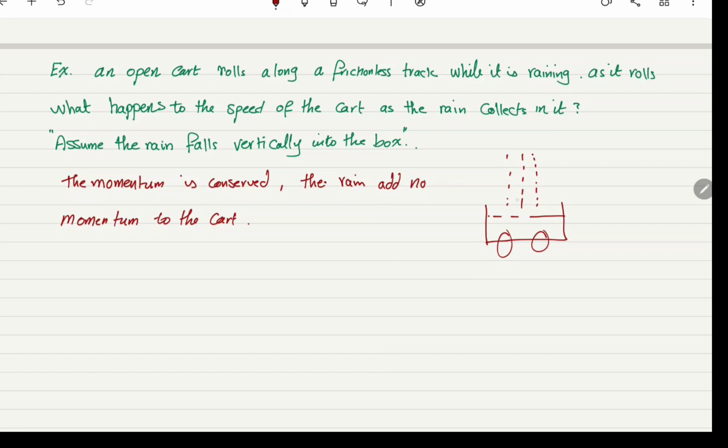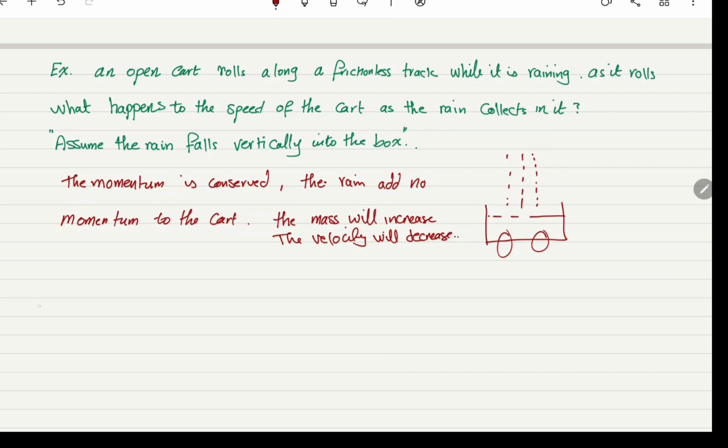But the mass of the cart will increase and the velocity of the cart will decrease. So the mass will increase and the velocity will decrease. After all, momentum is conserved.